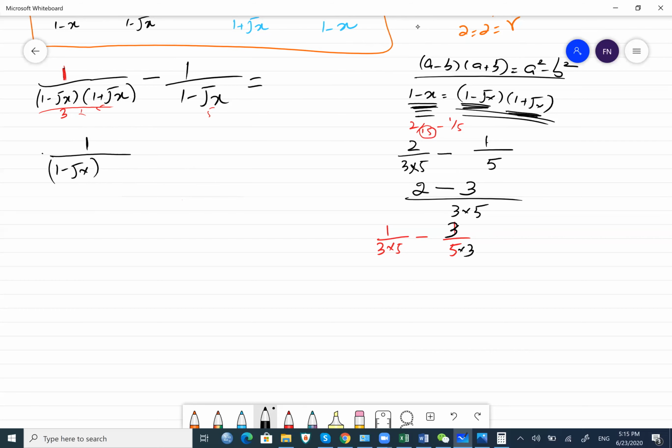Consider it your 3. Just for your understanding. 1 plus square root of x, consider it, that is your 5. Minus. Now to make the same denominator, that is 1 minus square root of x, I should multiply here 1 plus square root of x, and here it will be 1 plus square root of x. Understand?